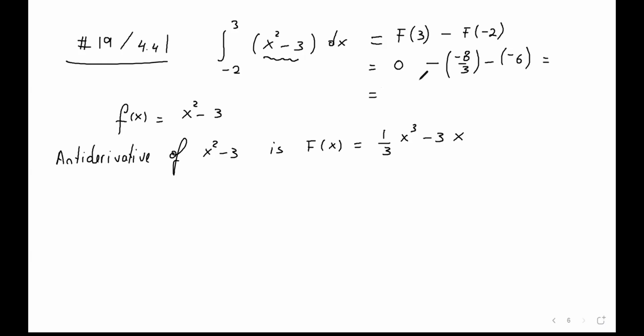So when we put these all together, this is going to be 8/3 plus 6, and that's going to be some number. If you want, it's going to be 18 plus 8, 26 over 3. All right, so this is the answer for this particular integral.